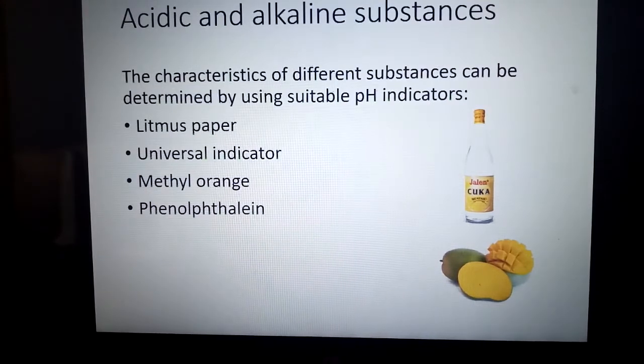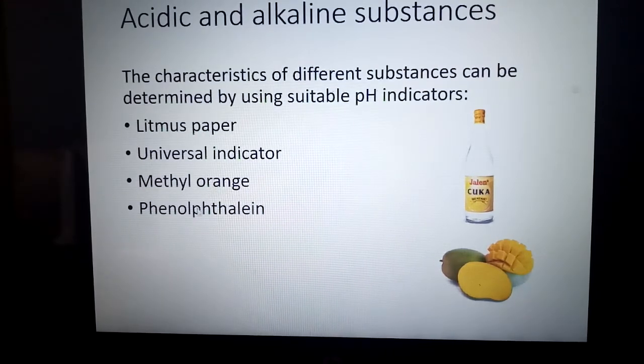The characteristics of different substances can be determined by using suitable pH indicators. We can use lab apparatus, lab materials to identify whether that thing is acid or alkaline. In our labs, we have litmus paper, universal indicator, methyl orange, and phenolphthalein.